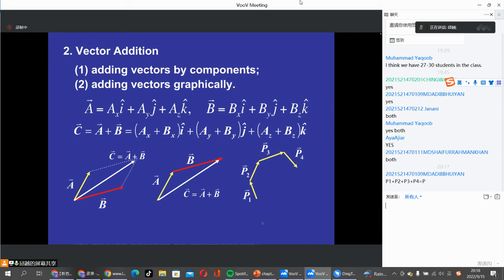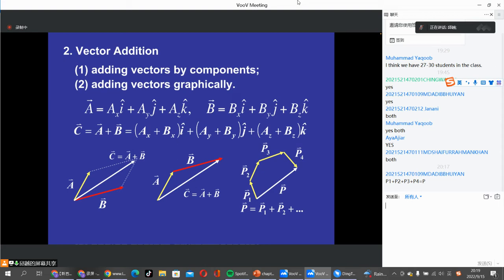By drawing the vectors in this direction, we can have one arrow from the origin of P1 to the head of P4. And this is the addition of the four vectors.